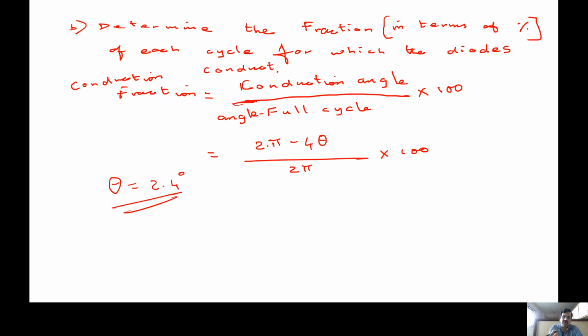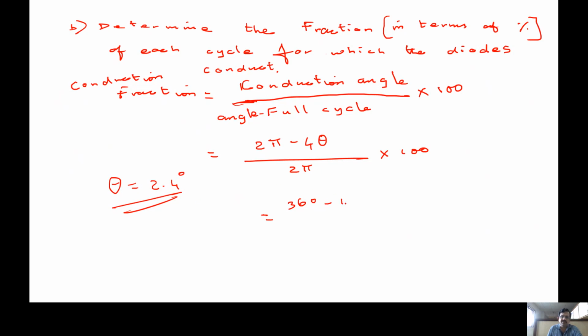The only thing is, now we have two diodes instead of one diode as in the half-wave rectifier, and only one diode works in one half of the cycle. The other diode works in the other half of the cycle. Therefore, we have conduction in both halves, or in the entire cycle. So 2 pi minus 4 theta will be equivalent to 360 degrees, because I am using degrees. We have to be consistent with the units.